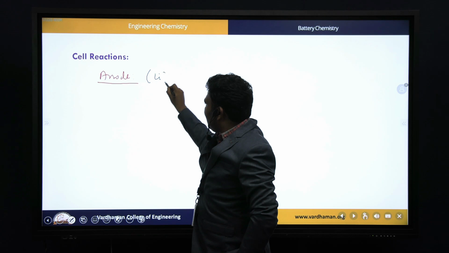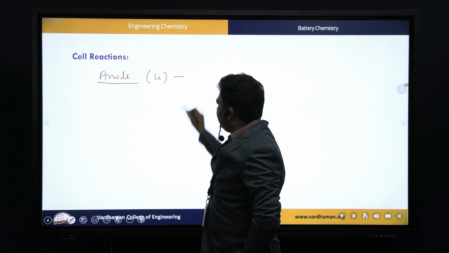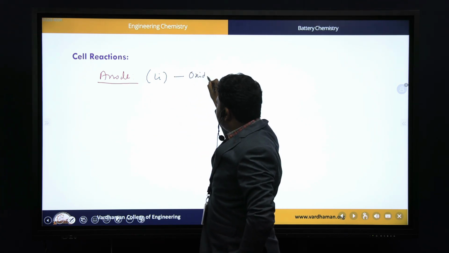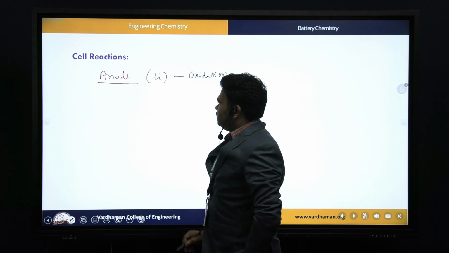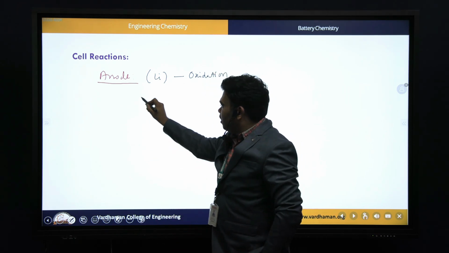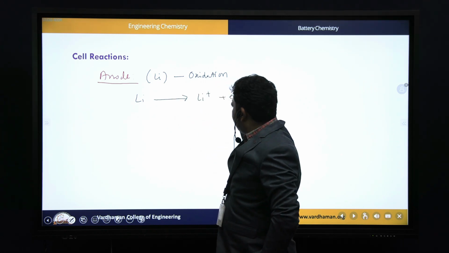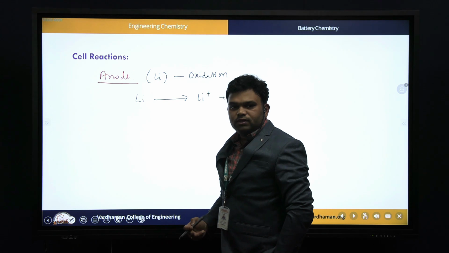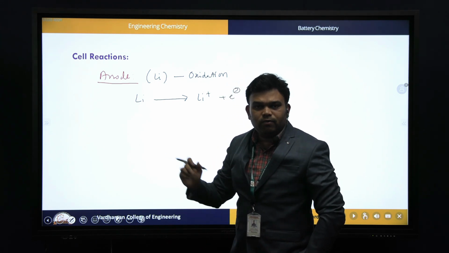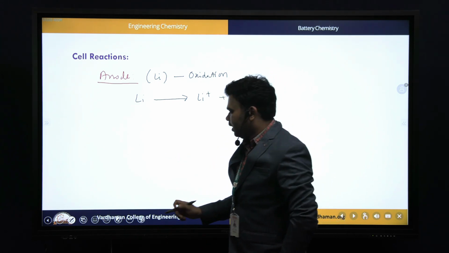Lithium is acting as the anode, where oxidation takes place, that is, loss of electrons. The reaction is lithium gives rise to Li+ plus an electron. This is the reaction that takes place at the anode during the working of this lithium thionyl chloride cell.